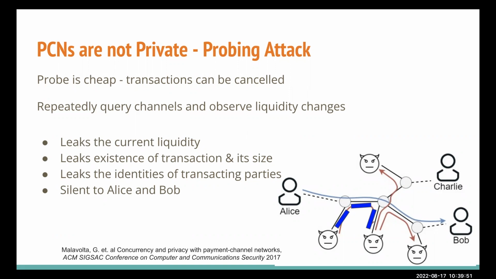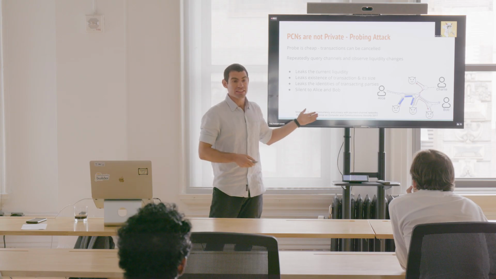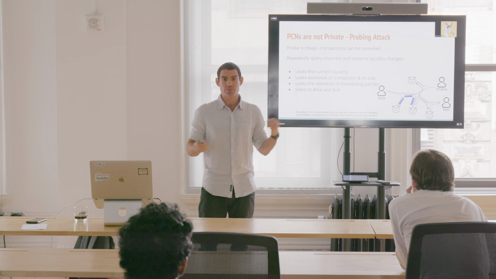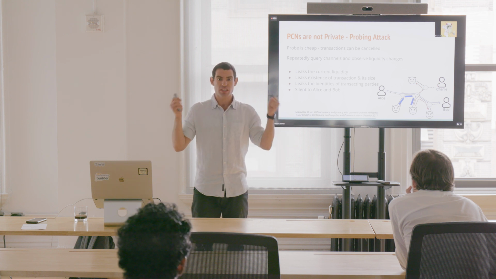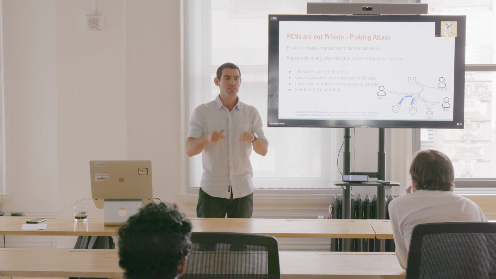It leaks the size, how many coins moved from one side to another. If the attacker does that to many channels in the network, because he can, this is free, then it also leaks the identities, who sent money to whom. And this is silent to Alice and Bob. Alice and Bob will not know that someone is currently trying to understand whether they just paid one another.